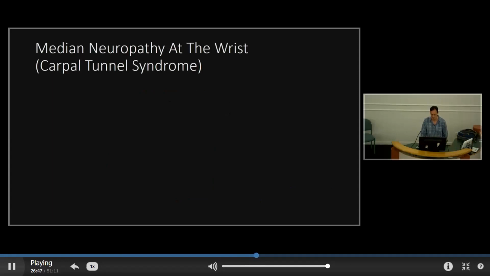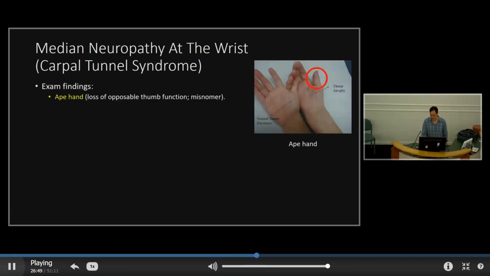Okay, so carpal tunnel syndrome. If it's fairly severe, it will look like this. You'll get this thing called an ape hand. That's a misnomer because apes actually have opposable thumbs, but what the patient does is they lose their opposable thumb function. And you can see there I've circled the thumb, and then there's a black arrow pointing to the abductor pollicis brevis muscle.